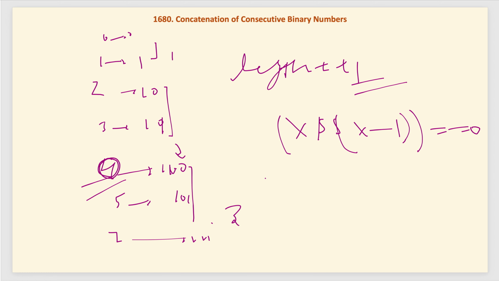In binary, 4 is 1 0 0, and 4 minus 1 is 3, whose binary representation is 1 1. Now if we do the bitwise AND of x with x minus 1, this is 1 0 0 and 3 is 0 1 1.